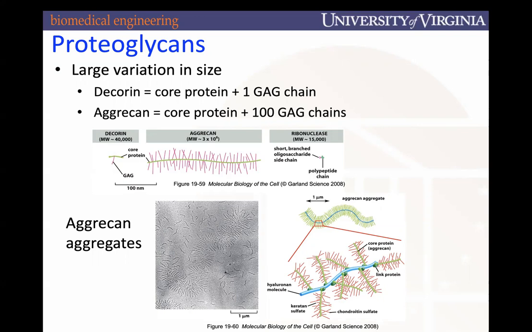So we have these two proteoglycans, forgive me, illustrated below here. We have decorin, which has a core protein with 1 GAG chain on it, whereas we have aggrecan, which has a core protein with hundreds of GAG chains coming off it, leading to decorin having a molecular weight of about 40 kilodaltons and aggrecan 3 megadaltons.